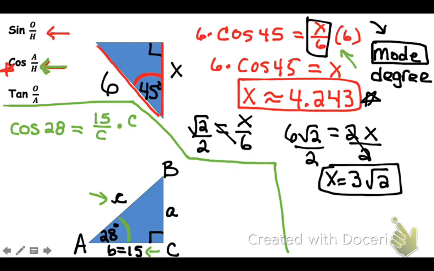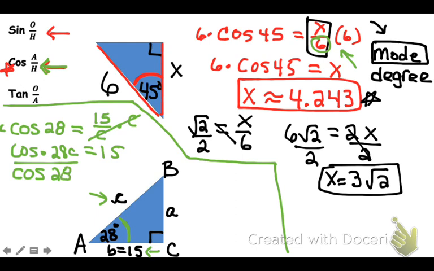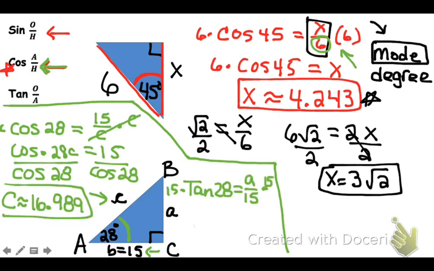In the example before, we multiplied by 6 because that was what the denominator was. So here the denominator is C, so I'm going to multiply both sides by C. So we end up with cosine 28 times C equals 15. We have to isolate C, so we're dividing both sides by cosine 28. Pause the video, put 15 divided by cosine 28 into your calculator and see what you get. So you should have got C is approximately equal to 16.989.